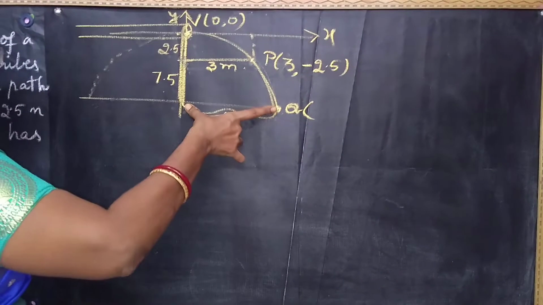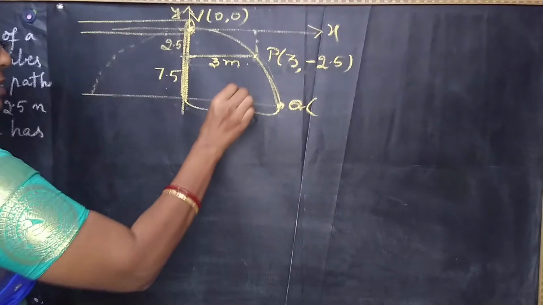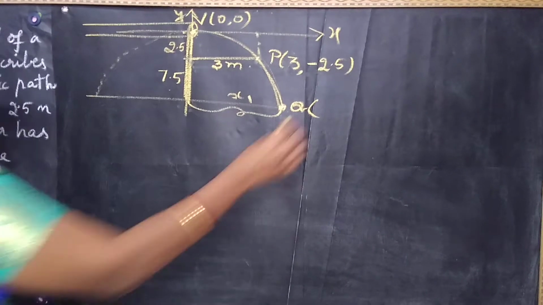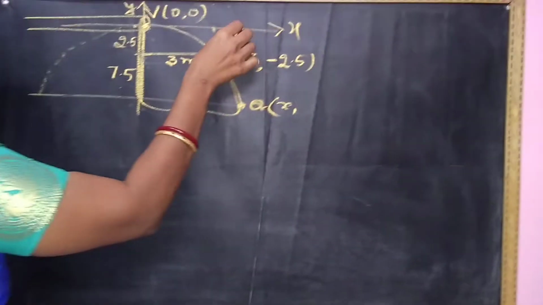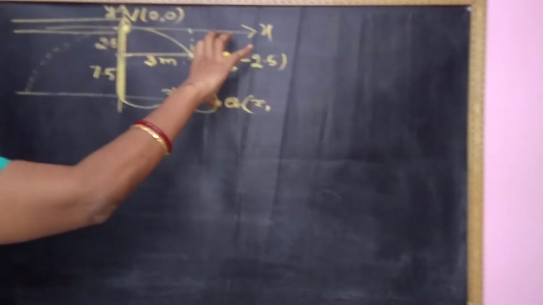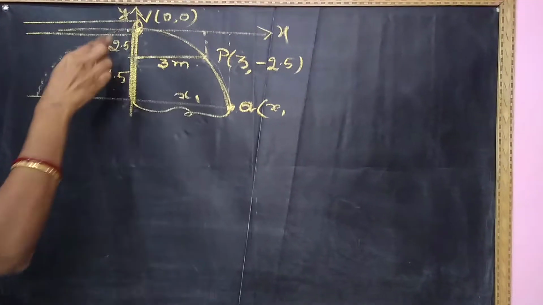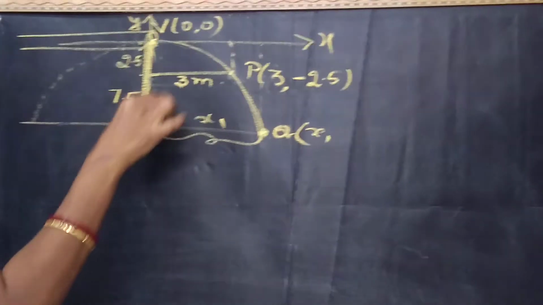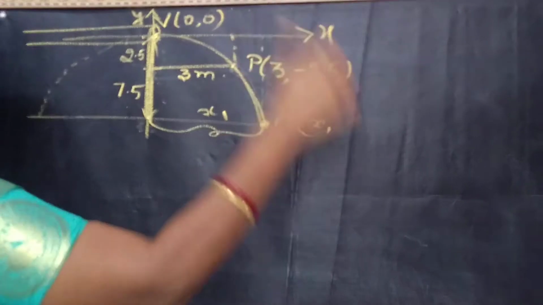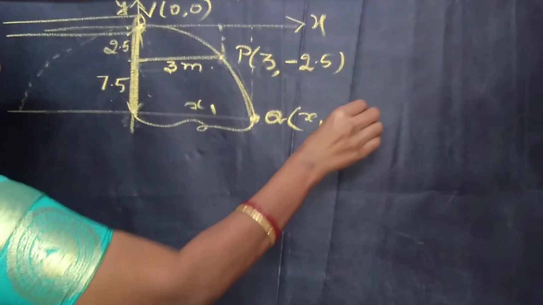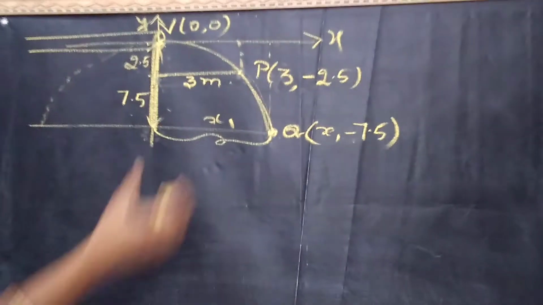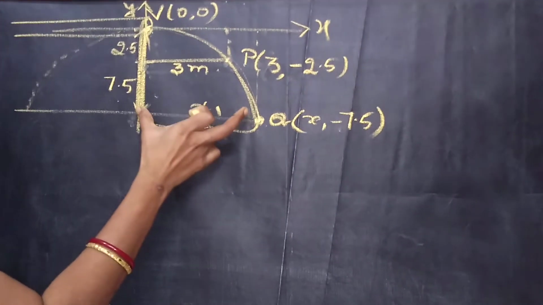They have asked us to find the horizontal distance. So let us assume it as x1. And the height is given as 7.5 meter, so here it is minus 7.5. So we have to find the distance x1.